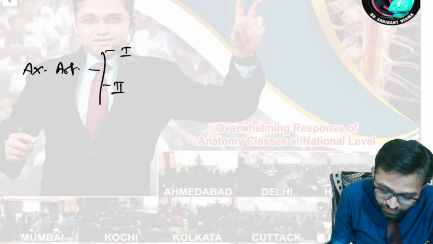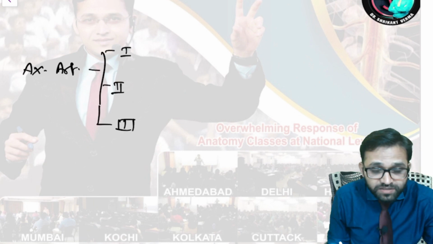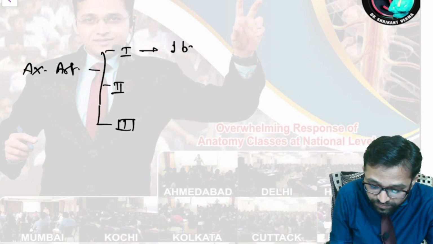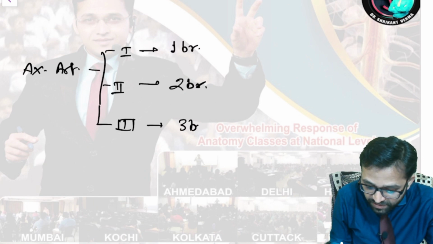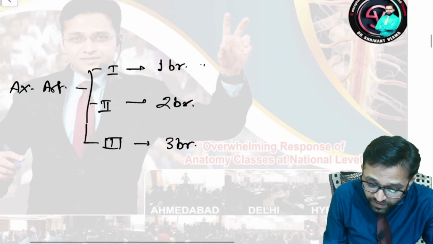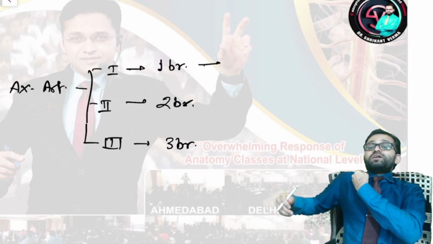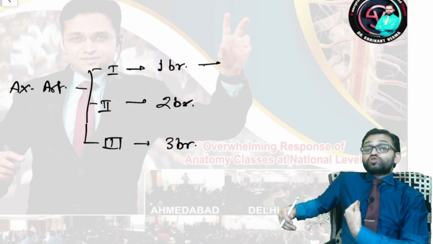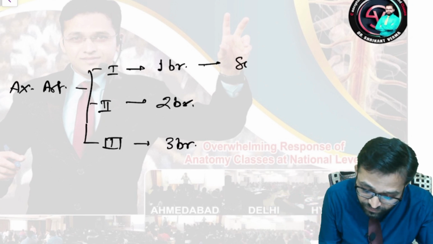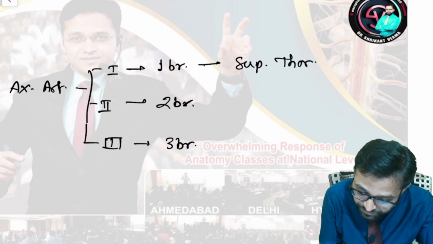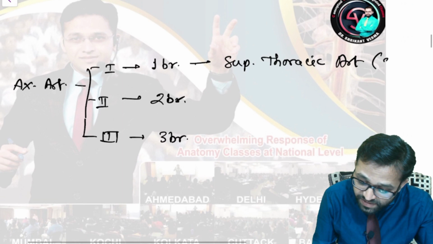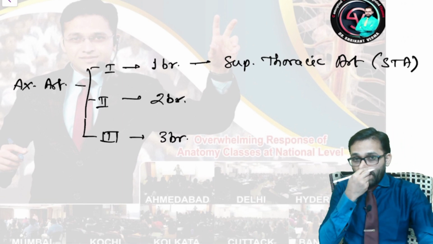First part has one branch, second part has two branches, third part has three branches. The first branch is running in the thorax from the superior aspect. That's why we will say the superior thoracic artery. In short, we will say SATA.